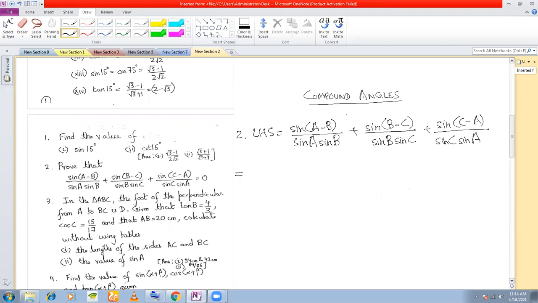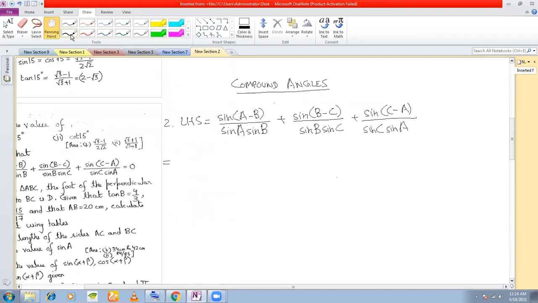You know the formula for sine(A minus B)? Write that.